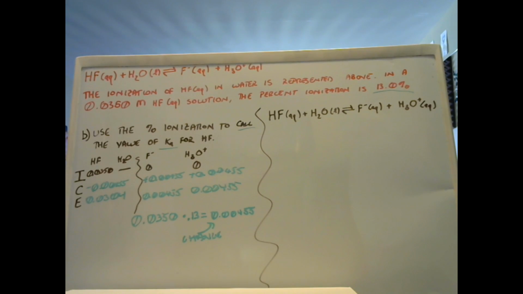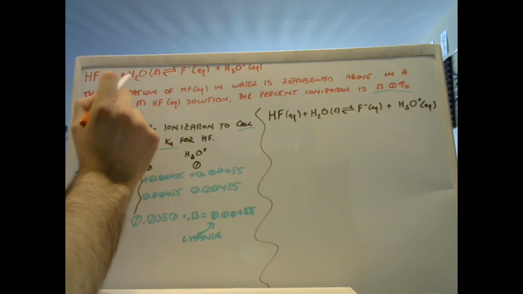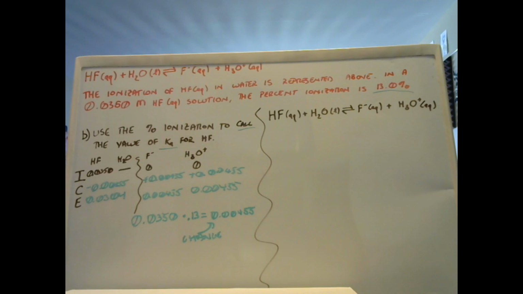Once you have those values, finding your Ka is just as simple as products over reactants, remembering that the H2O doesn't factor because it's a liquid, and liquids have a concentration of 1.